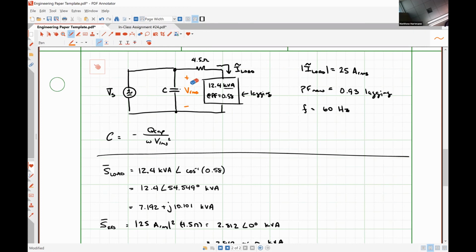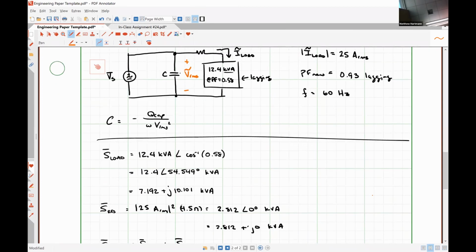And actually, quickly, because it's an RMS value, we know the complex power absorbed by our 4.5 ohm resistor and our load together, correct? Yeah, correct. So we could find that voltage VRMS.